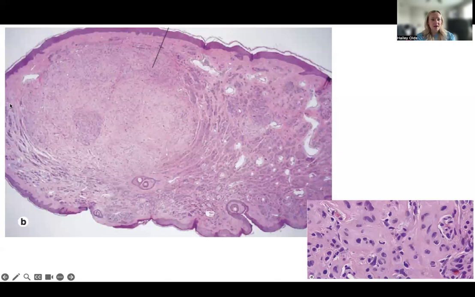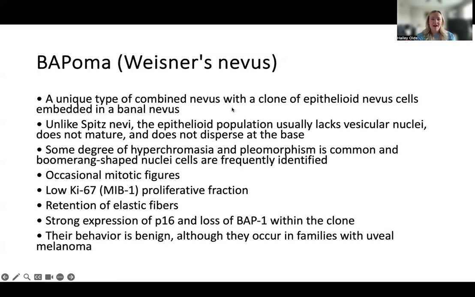Okay, so this one, from a glance, if you just looked at this side, you would probably just think like an intradermal nevus. But if you look up close, these are a little bit more of like larger, more glassy kind of melanocytes. So this is a BAPoma. And this is a unique kind of combined nevus where you have these epithelioid nevus cells with like a normal run-of-the-mill nevus.